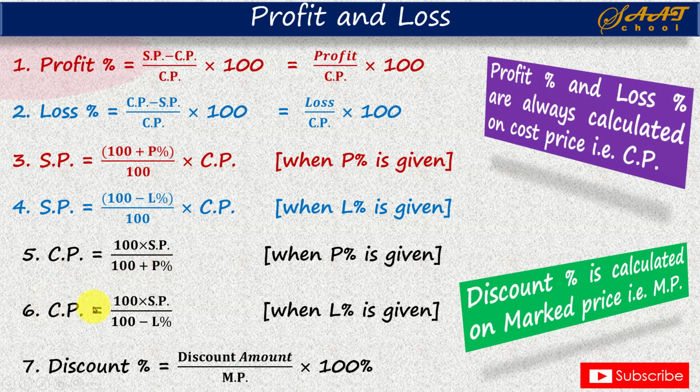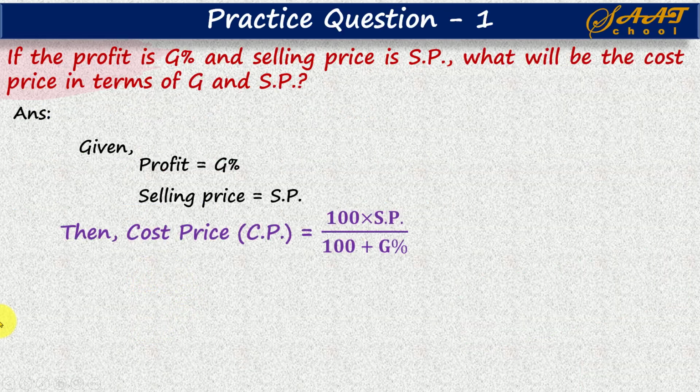Again, to find cost price when loss percent is given, we write minus. For profit we write plus, or for gain percent we write plus G percent. So this is simply the relation when we have to find cost price if we have selling price and we have profit percent or gain percent.